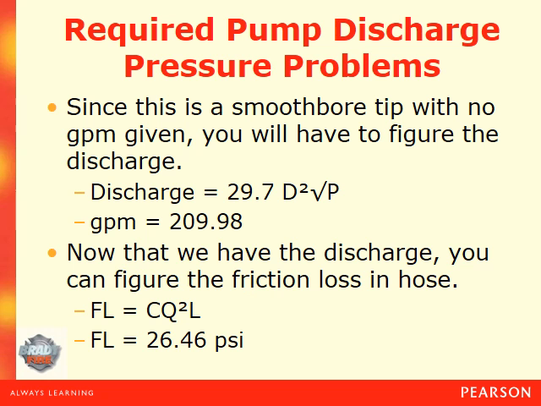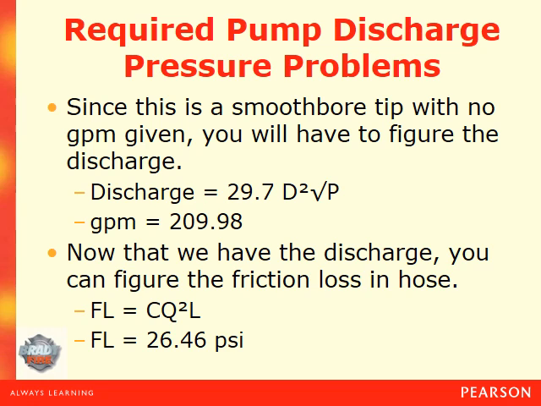So as I've said before, I like starting at the nozzle and working my way back. So our formula to figure out GPM is 29.7 times the diameter squared times the square root of pressure. And that comes out to be 209.98 gallons per minute. With that being said, we can now figure out our friction loss.